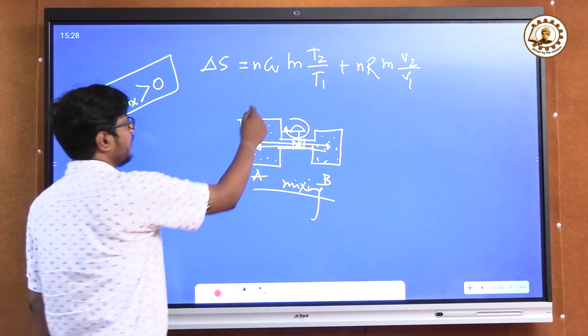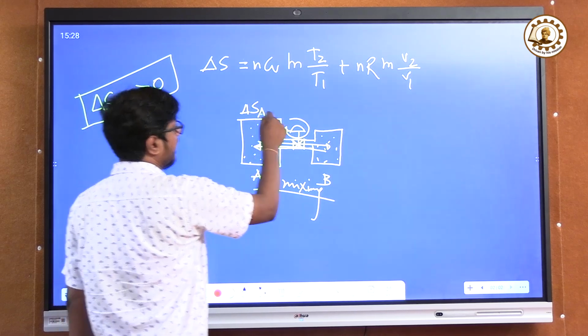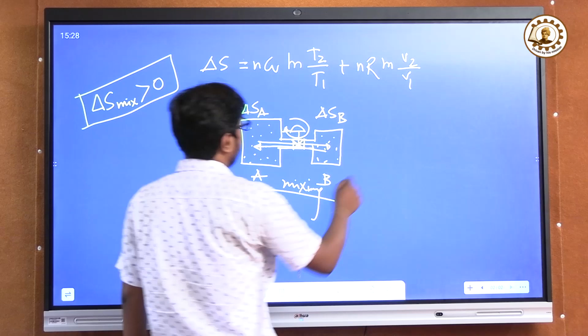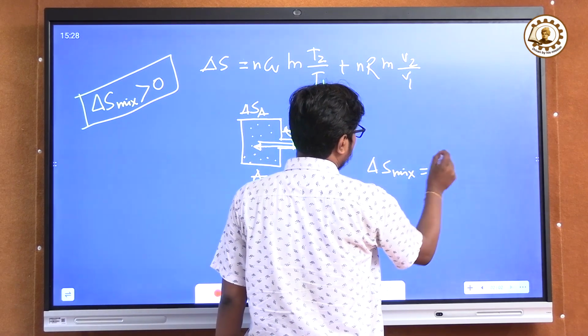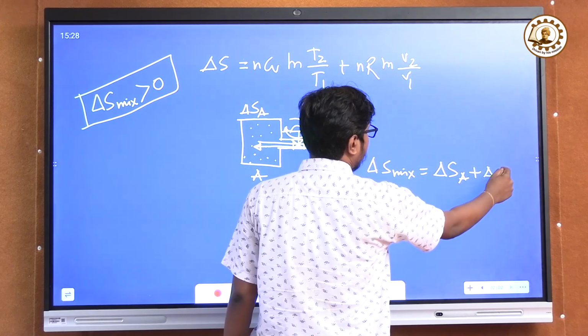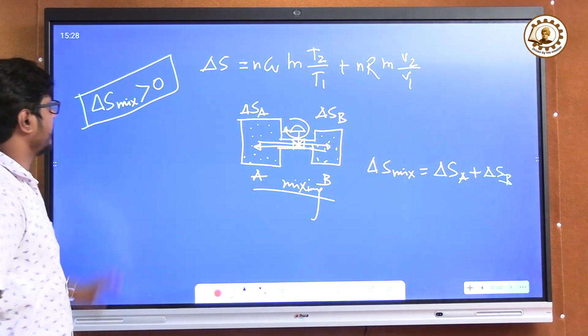So this is delta SA and this is delta SB. And delta S mixing equals delta SA plus delta SB. A and B are two different types of gases.